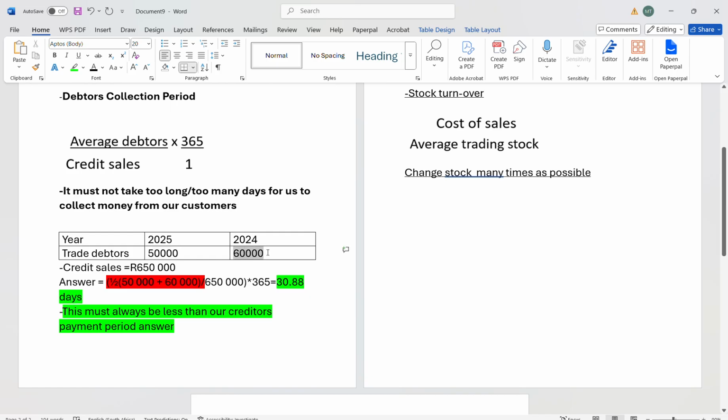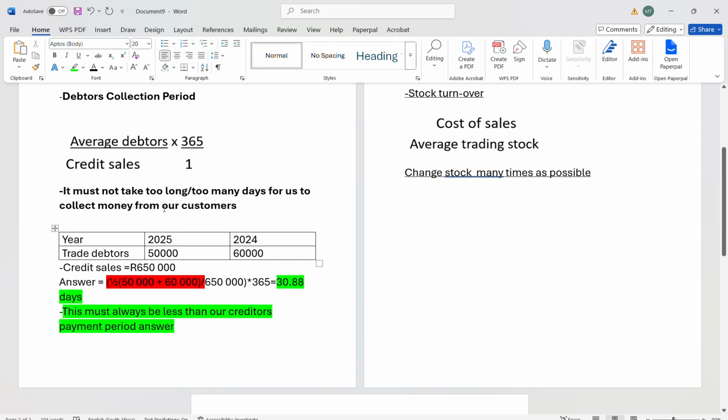So you take 60,000 plus 50,000, divide by 2, and you get 55,000. This is the calculation highlighted in red.